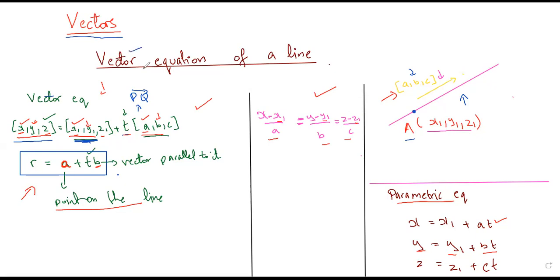Your solution and your friend's solution could be different, but both of you could get full marks, because the point could be this one or this one or this one. Any point that you can easily find would give you a correct answer, though the answer might look different. You will see that in the marking scheme as well. All right, so this was the concept of the vector equation of a line.